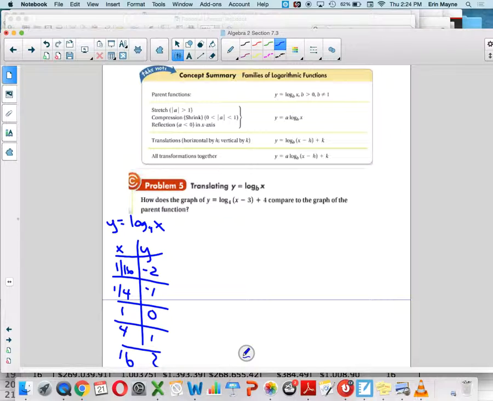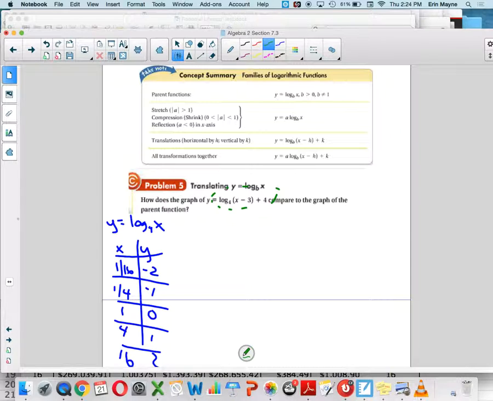But now we need to transform the original graph based on those transformations. Will you raise your hand if you got an idea? Okay, really quickly in your group, see if you can come to an agreement.